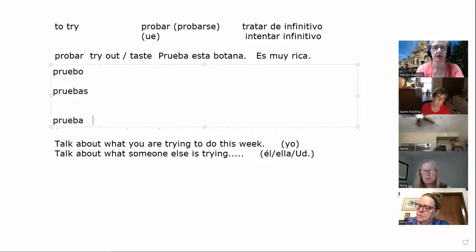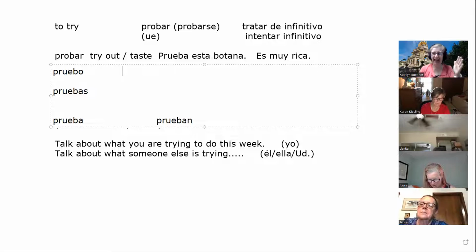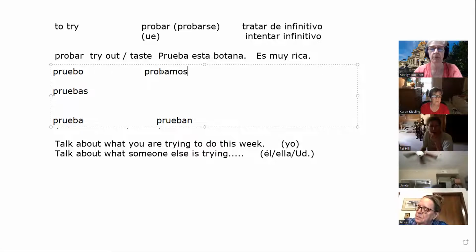Prueba, la forma de él, ella, usted. Prueban, they are trying, okay? And with all stem changing verbs, things that are outside that shoe, outside that boot, go back to the original o in probar. Entonces, nosotros probamos. ¿Sí? Probamos.